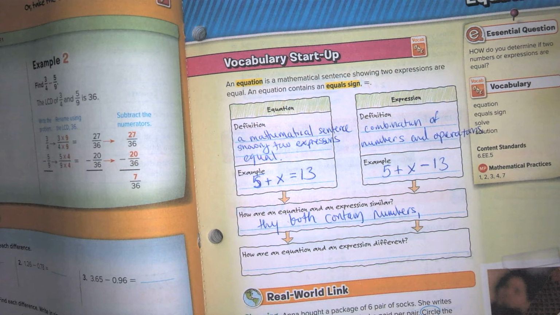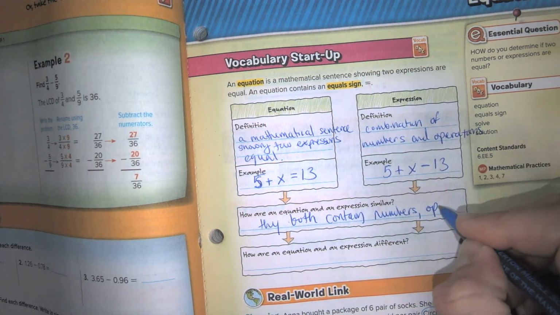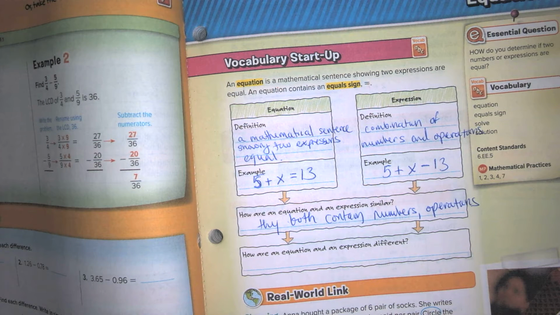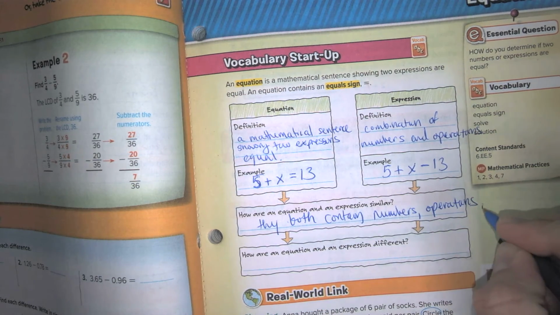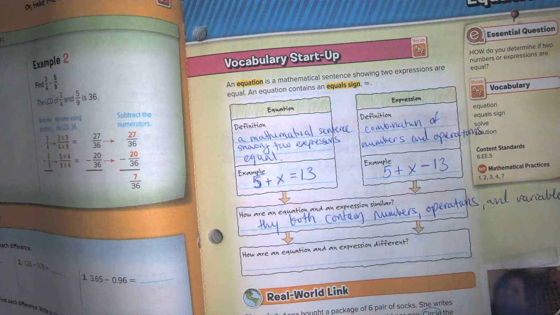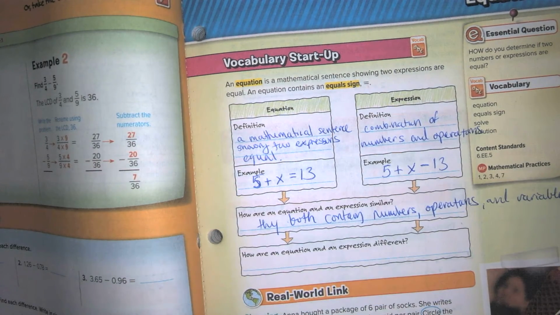What do they have in common? An addition sign, so operations. They have operations. What else do they have in common? They both can have letters in them, so the variables. So they both contain numbers, operations, and variables.